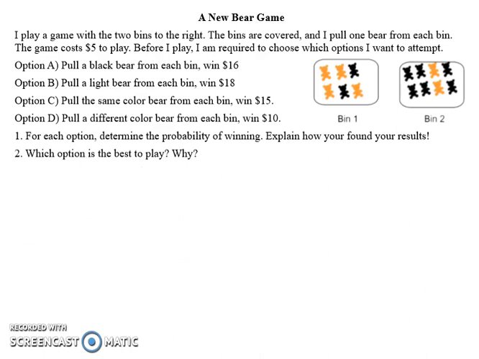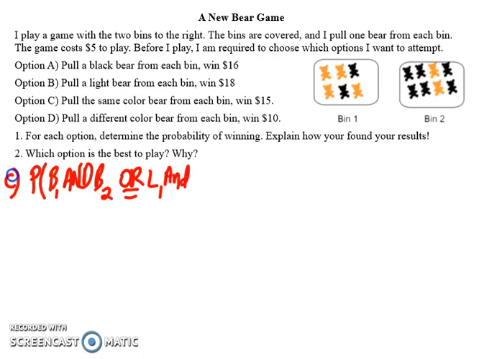So first thing I'm going to do is continue calculating all these. So option C, now I'm looking at pulling the same color bear. That means that I could do a black and a black on the second one, or I could do a light on the first and a light on the second.